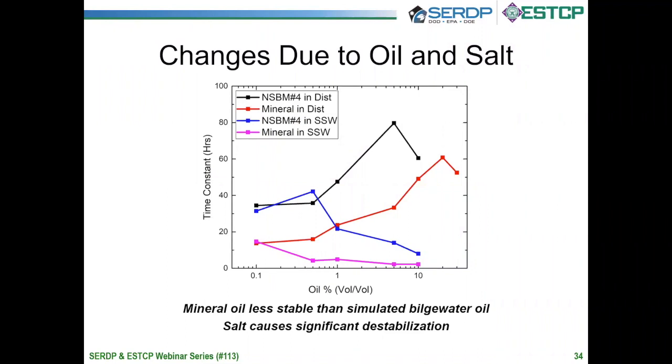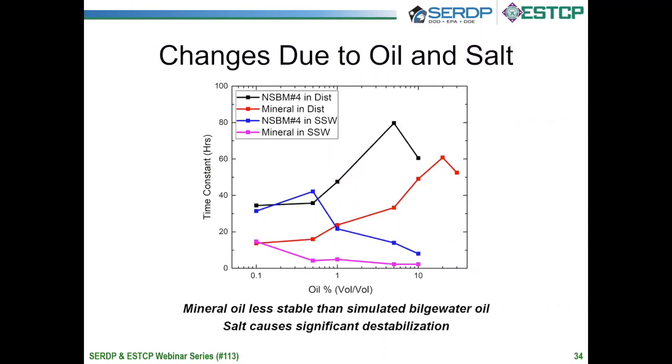And in both cases, both model oil and the simulated oil, we see a drop in stability in the presence of salt. And we expected this. The salt will change the behavior of the surfactant. Each one of these points is made with the same amount of added surfactant, and they all start with the same initial size distribution. So salt will definitely destabilize these systems for this particular case.